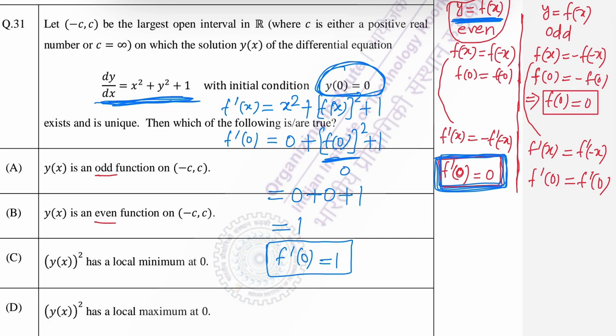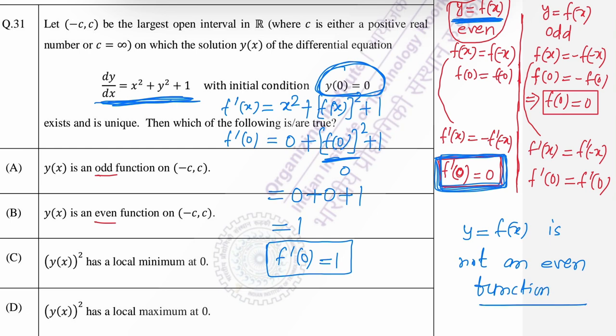The conclusion is that y equals f(x) is not an even function. I think it is clear to you. So our option B is wrong. It is not our option.